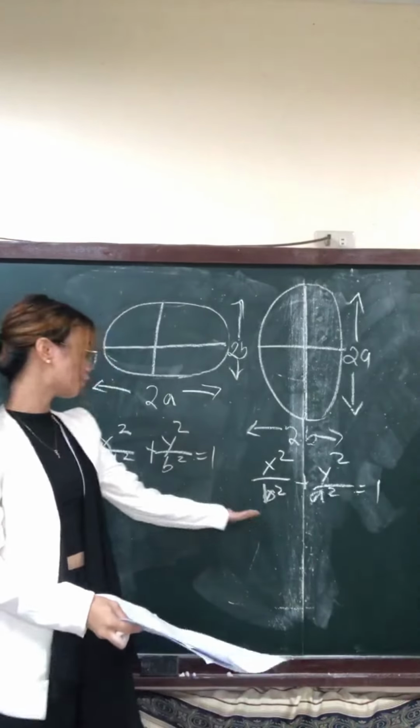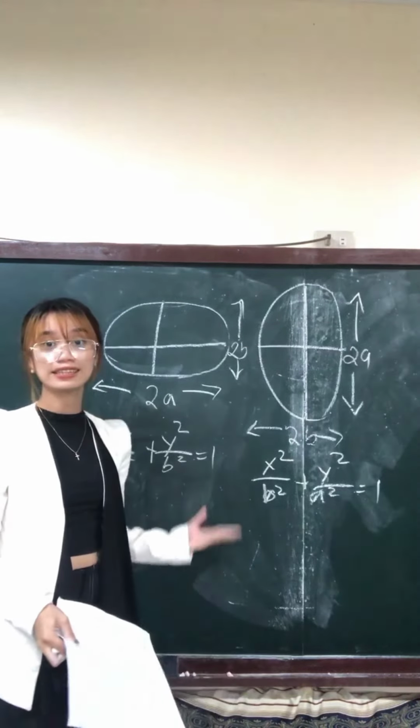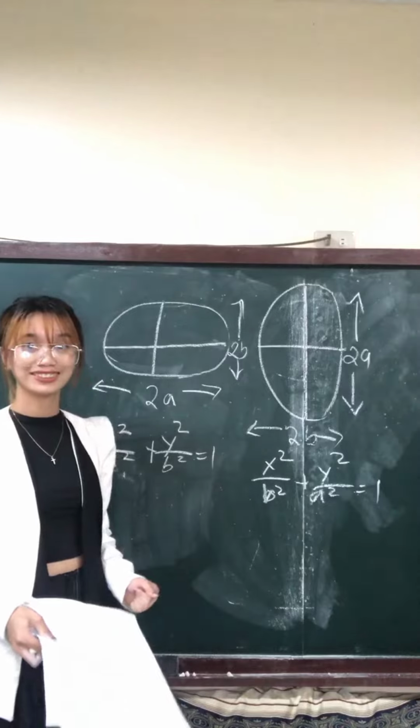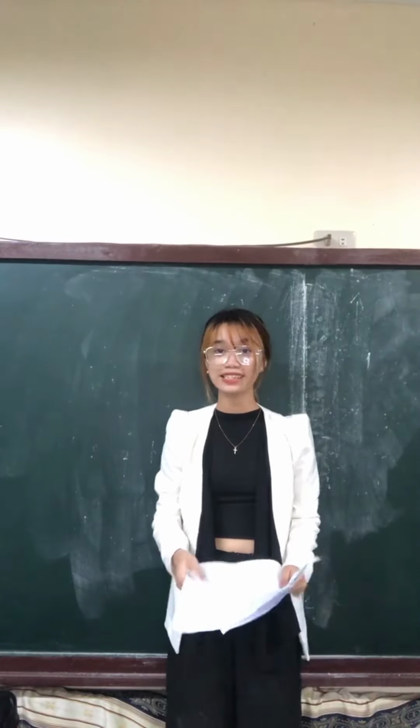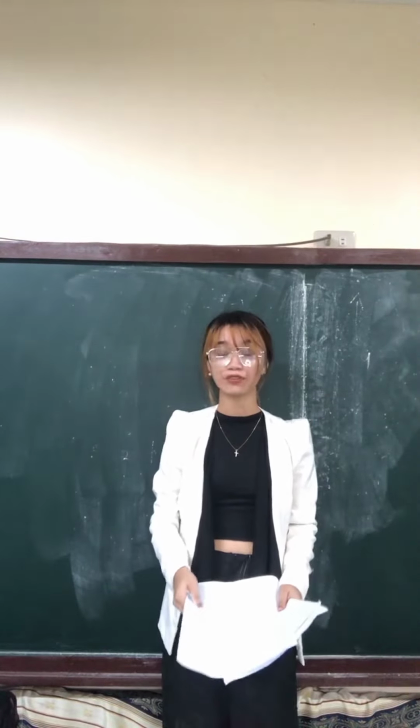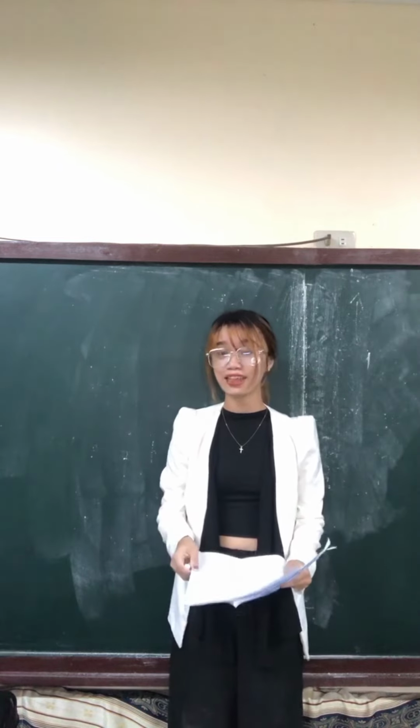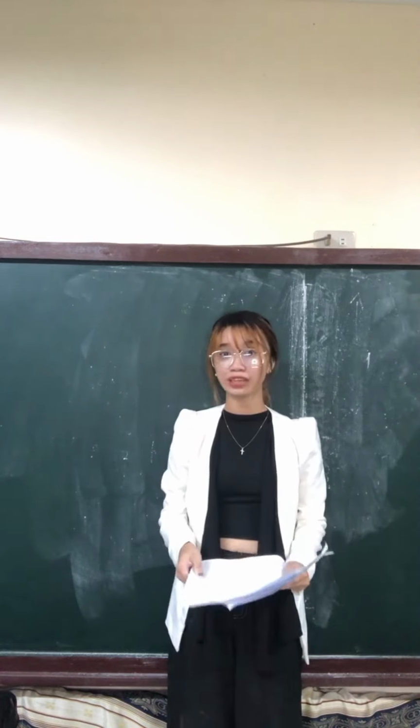So, this is the equation when the center is at the origin. So now, let's discuss the coordinates for the major and minor vertices when the center is at the origin and when the center is in the form of h and k.